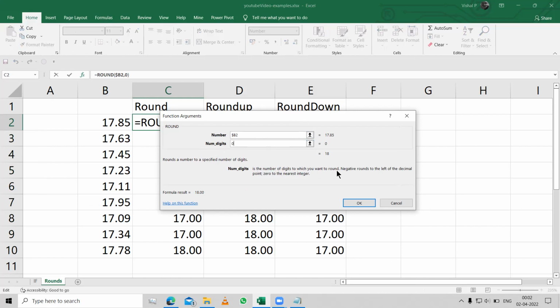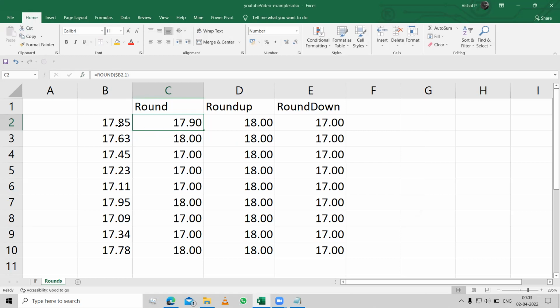Now, negative digits round off the other side. If I give this as 2, it will give me back 85. If I give this as 1, it will round off, because it is closer to 90, it has rounded off 1 digit ahead.